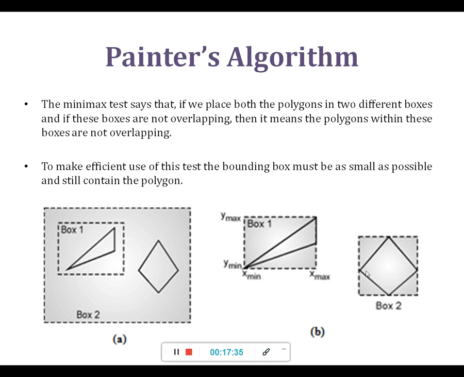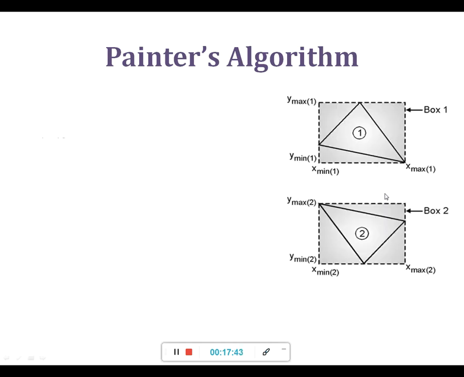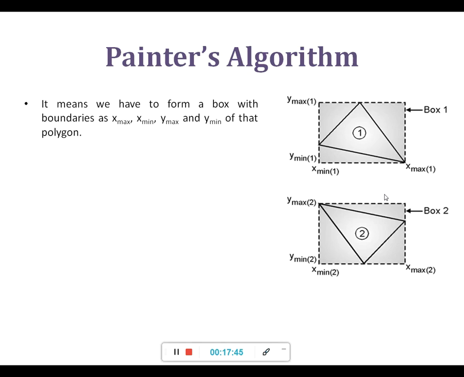So these are the two different boxes we have for this algorithm. Now, whenever we check this with Painter's algorithm, we have to check the boundaries of the boxes.